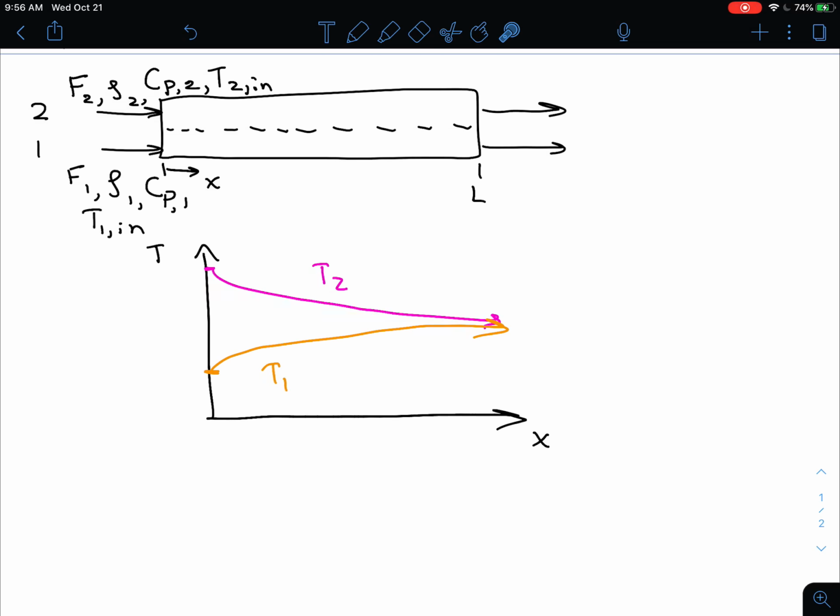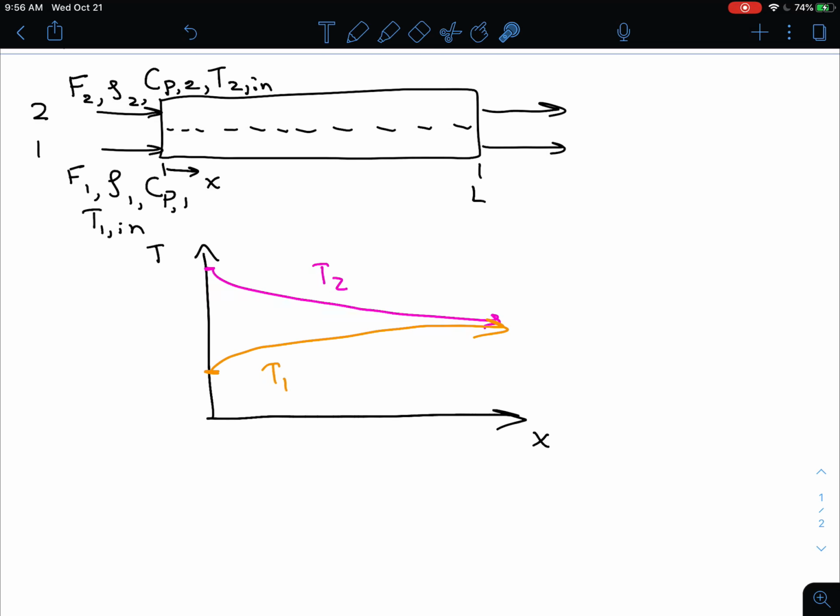So in other words, you have heat transferring in this direction, presumably because the wall that separates the two streams is not a good insulator.